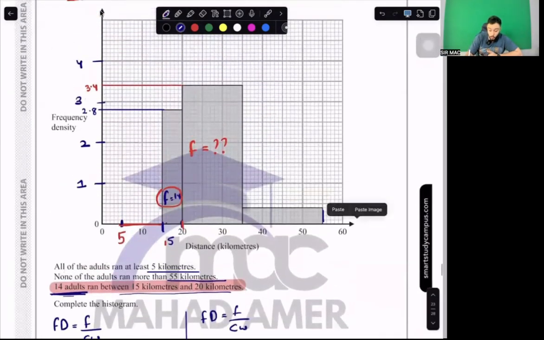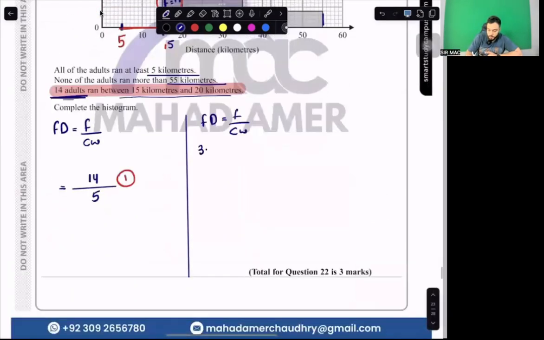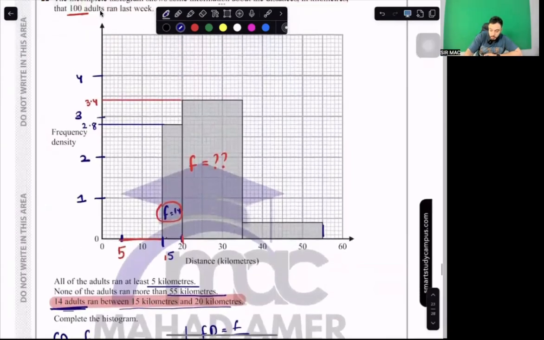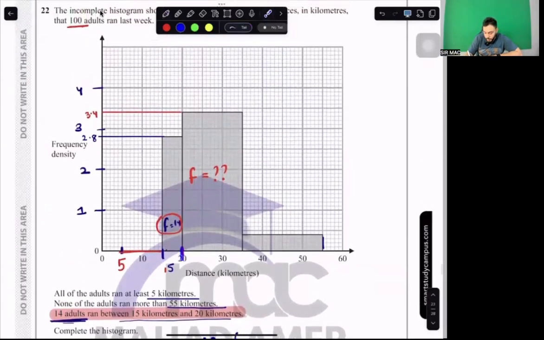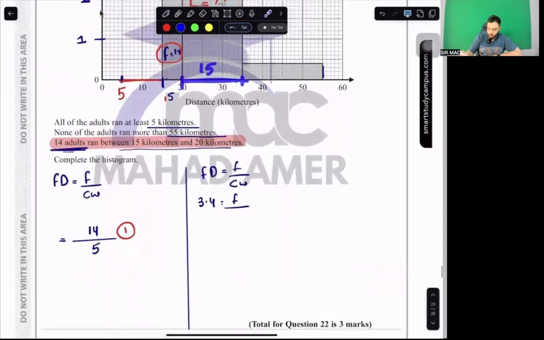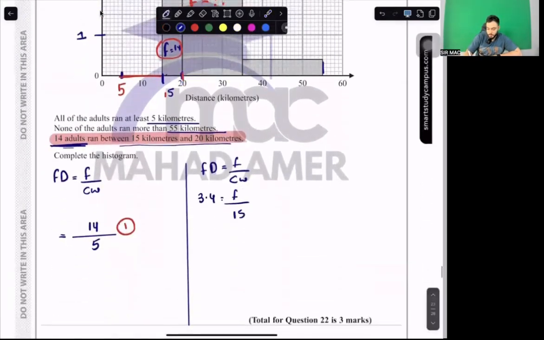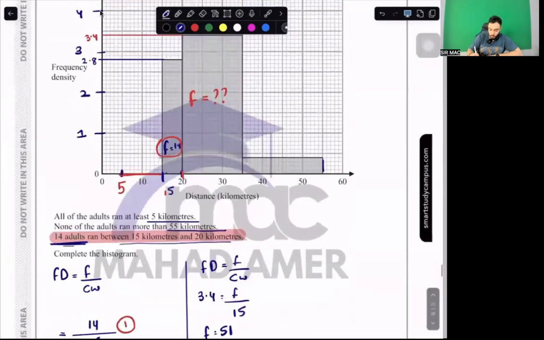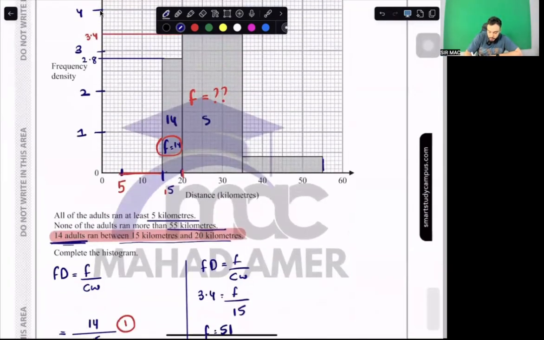The frequency density is 3.4. I don't know how many people there are, but I know the class width, between 20 and 35, which is 15 in total. So 3.4 times 15, you would get the number of people as 51. So these are 14, these are 51.